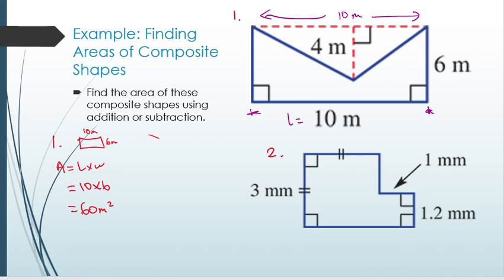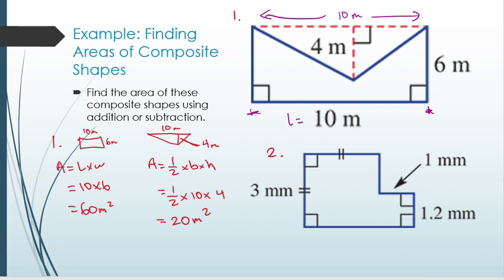That's 10 meters, and then the height is going to be 4 meters because that's what they gave us originally. Now, I can use my formula for a triangle to find the area. So it'll be half times 10 times 4, which ends up being 20 meters squared.